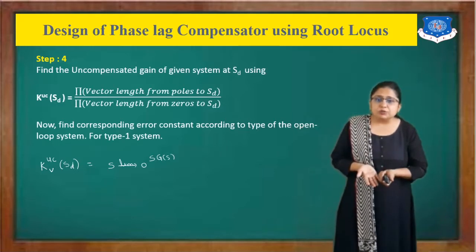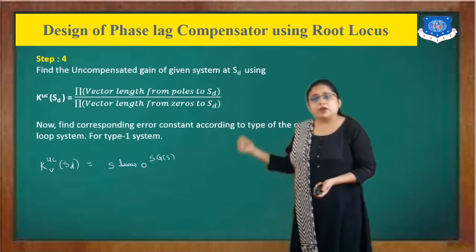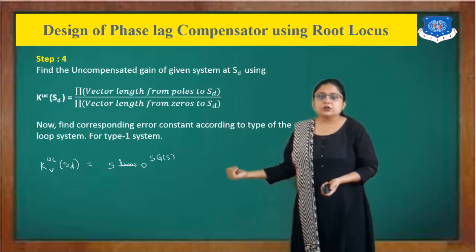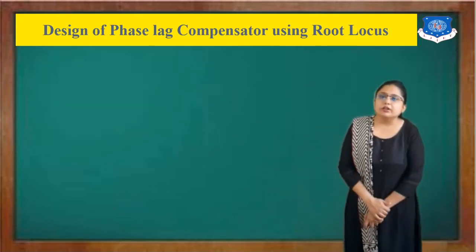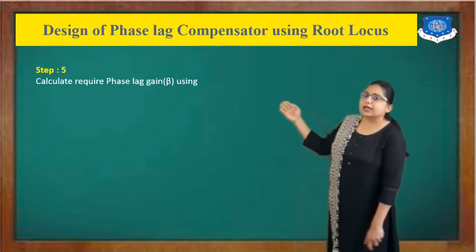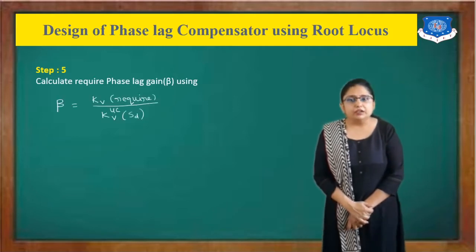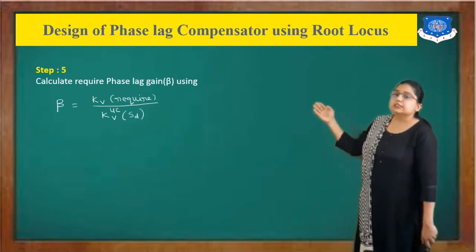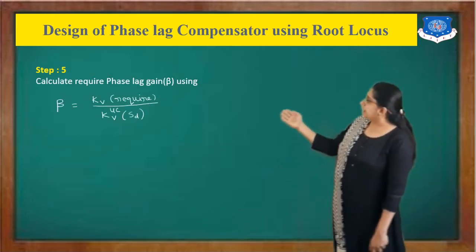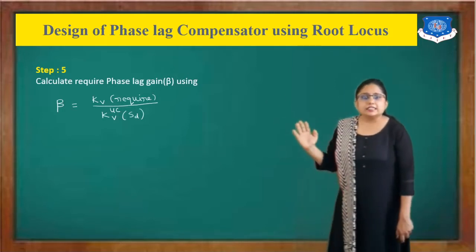And if it is a type 2 system, then it's limit s tends to 0 of s square into G(s). Okay? Now next, step number 5. We have to calculate the required phase lag gain beta using this equation: beta equals K_v required divided by K_v,UC at s_d.